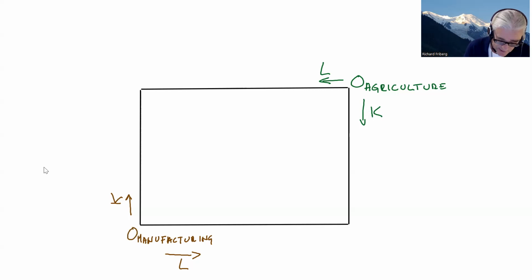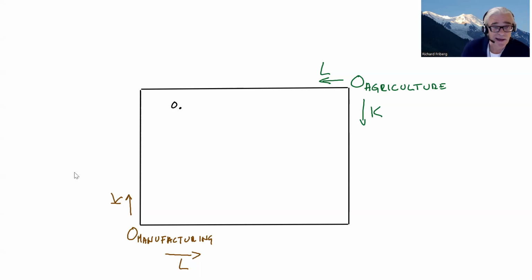So think of an original allocation like here, with a lot of capital in manufacturing and a lot of labor in agriculture. And just as for goods, this is saying all the factors of production are used somewhere in this economy. And we're interested, can we reshuffle the factors of production across these different industries in a way such that we increase the efficiency?